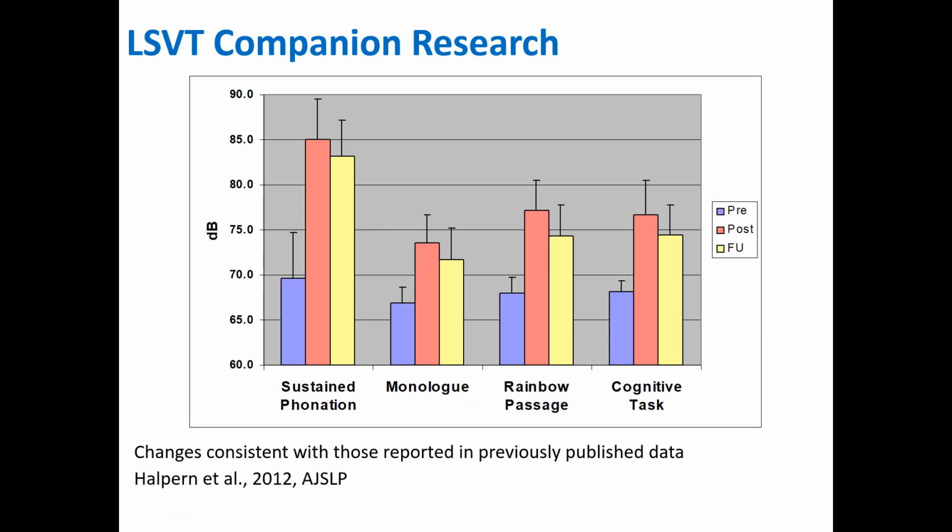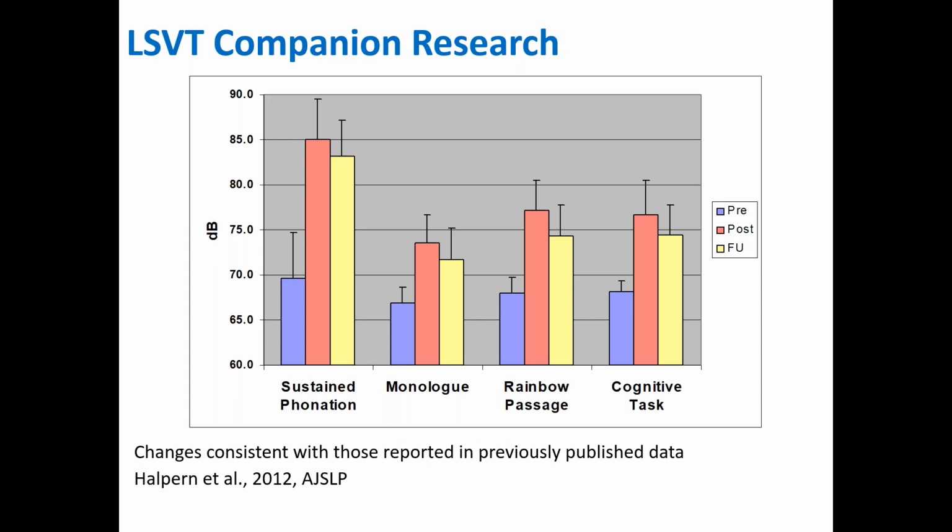This was a research study conducted where 7 of the 16 LSVT sessions were done at home independently on the LSVT Companion, and 9 of the sessions were done in person in the clinic with an LSVT LOUD therapist. What we're seeing, we have decibels of sound pressure level here on your y-axis, and then we have a variety of reading and conversational tasks on your x-axis there.